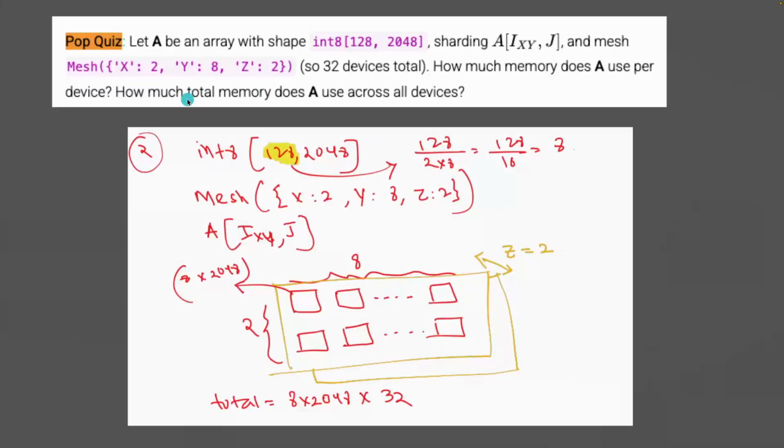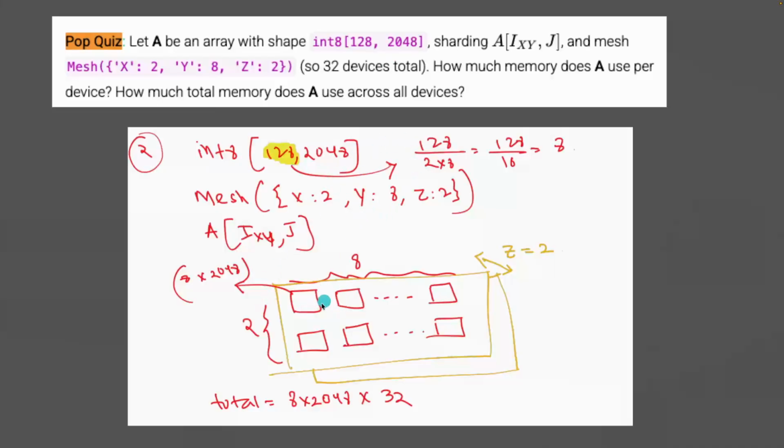So to solve this question, we have 128, 2048, and the first dimension is sharded across x and y. So you have 2 and 8, which is 16 devices across x, y. So 128 is sharded across 16 devices, so it is 8. Z equal to 2 means that we have this xy matrix and it is replicated along the z-axis, so it is the same along the z-axis.